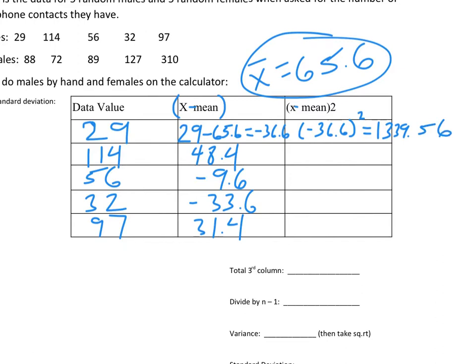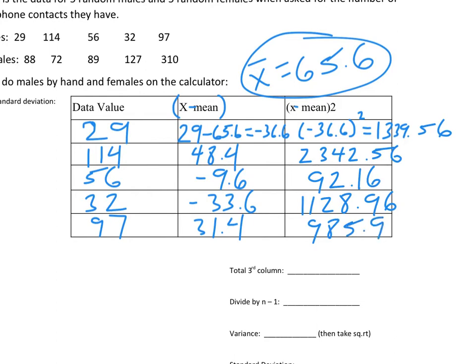All right. So next I square 48.4. I get 2,342.56. Negative 9.6 squared is 92.16. Negative 33.6 squared is that. 31.4 squared is 985.96.